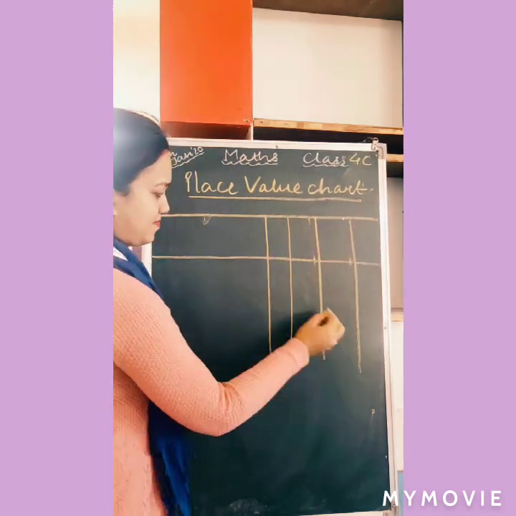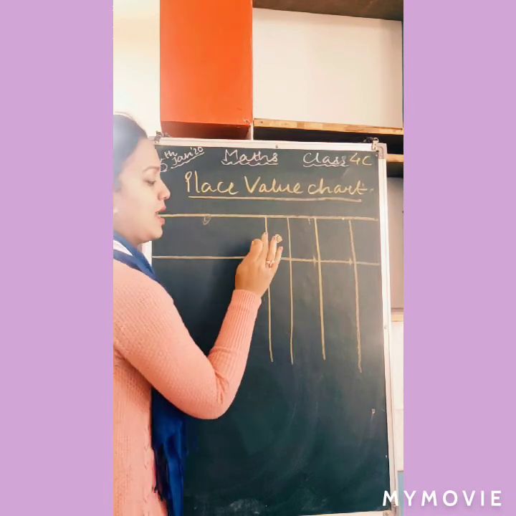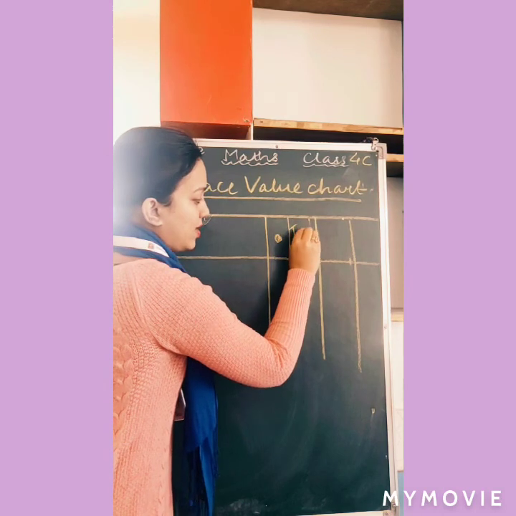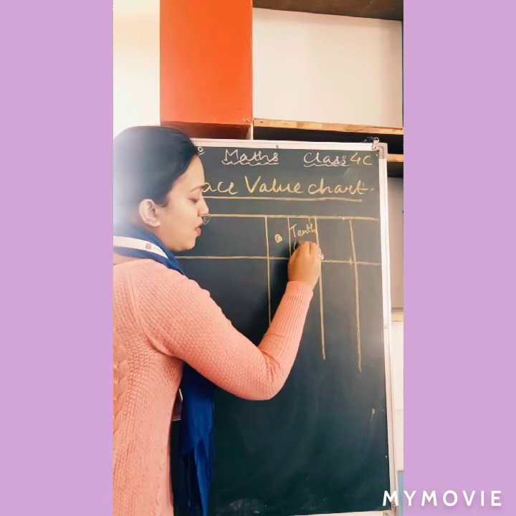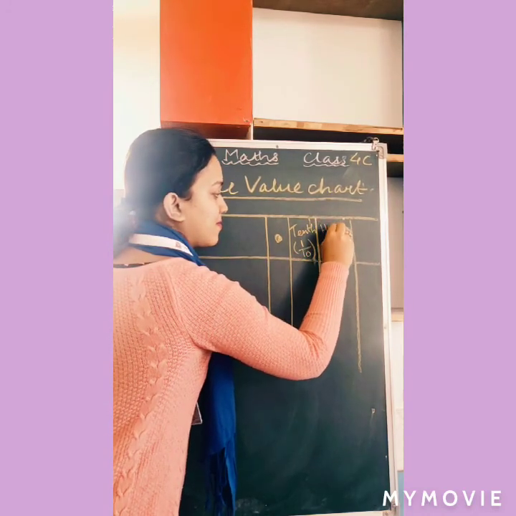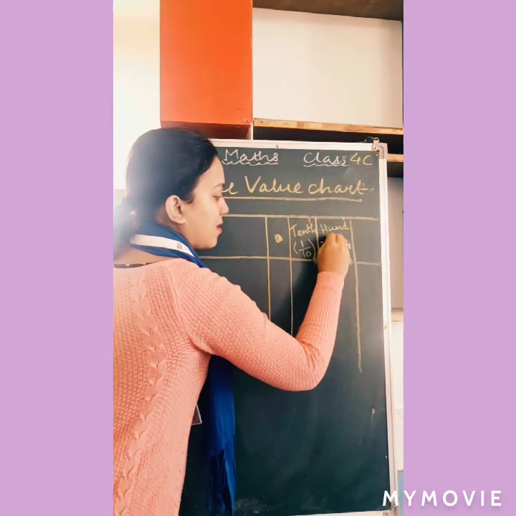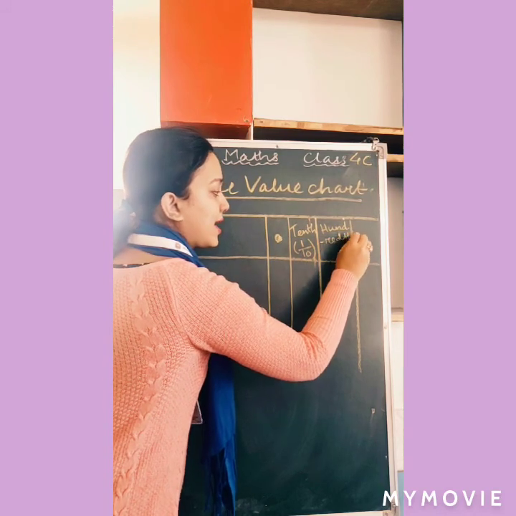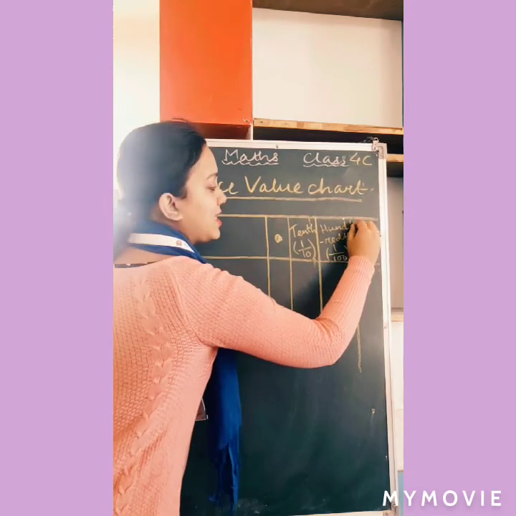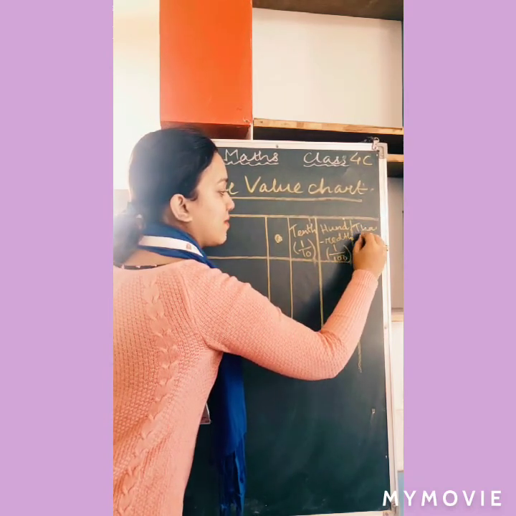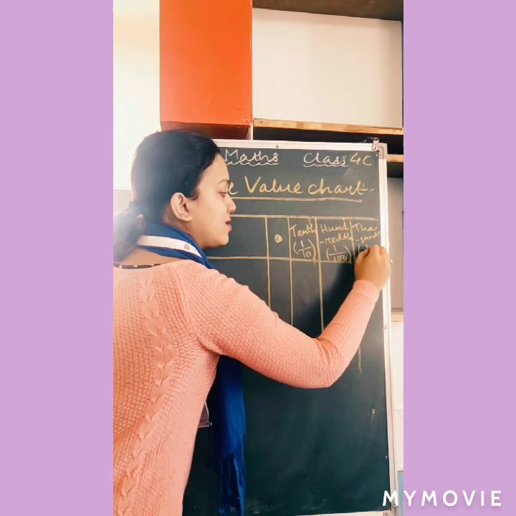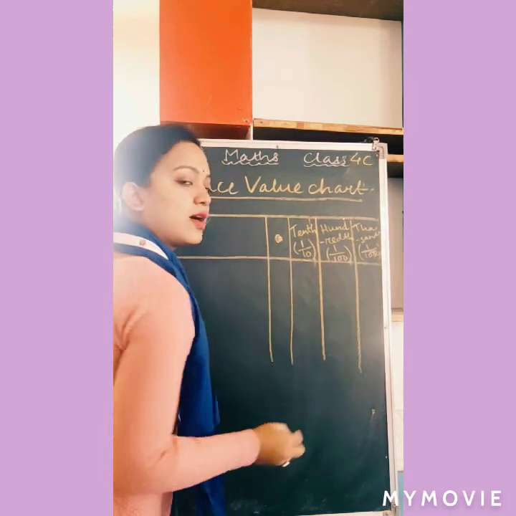Towards the right of my decimal point, it always starts with tenths. That means 1 by 10. Okay, then hundredths, so I can write it as 1 by 100. Correct? And then thousandths, I can write it as 1 by 1000.